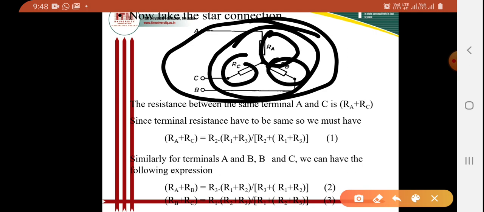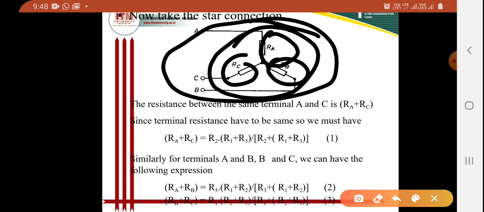RA, RB and RC are connected as star, and the terminals of this connection are A, C and B. Like in our previous calculation for delta, you can consider the same terminals, A and C, for the star connection for the calculation of the equivalent resistance.